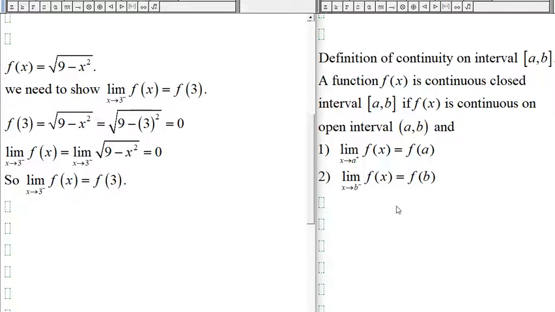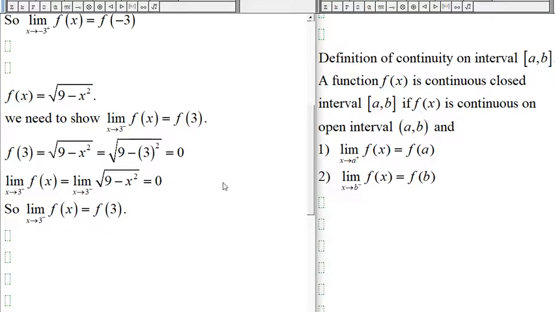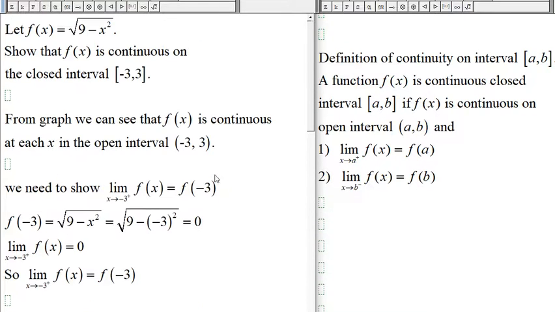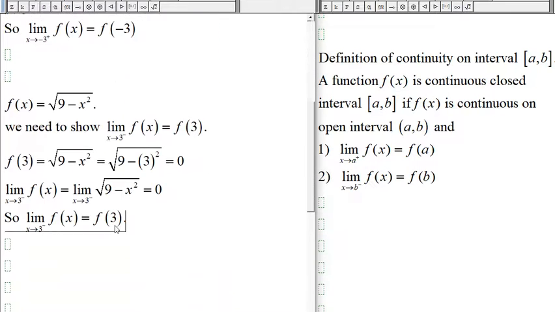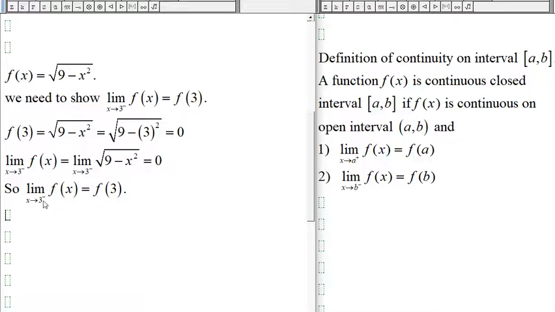So we have shown 3 things. We have shown that the function is continuous at each x between negative 3 and 3. And then we have shown that the limit of f of x as x approaches negative 3 from the right is equal to f of negative 3. And we also showed that the limit of f of x as x approaches 3 from the left is equal to f of 3.